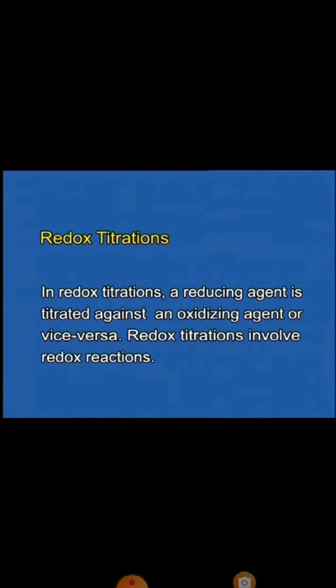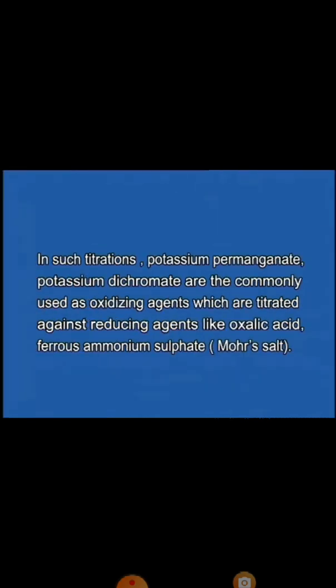Redox titrations involve redox reactions. In such titrations, potassium permanganate and potassium dichromate are commonly used as oxidizing agents, which are titrated against reducing agents like oxalic acid and ferrous ammonium sulfate, that is, Mohr's salt.